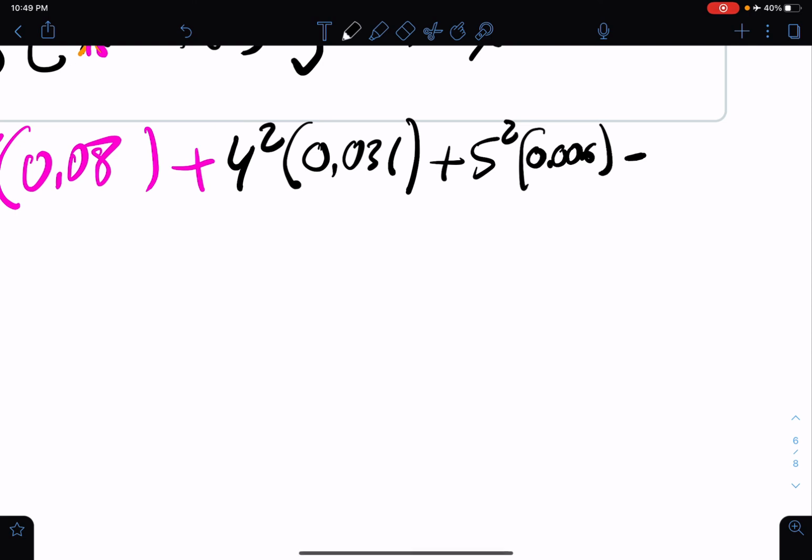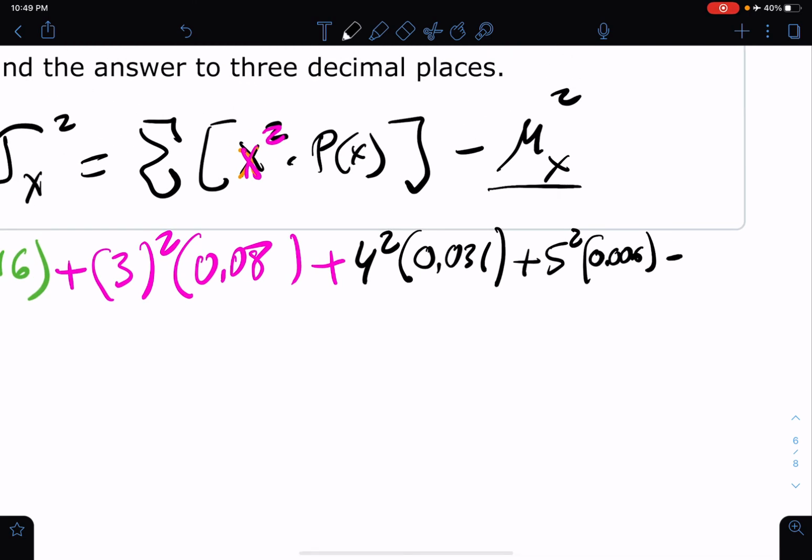And then remember the rest of the formula here. It says minus the mean of the random variable squared. If you look on the previous page, the mean of that random variable was 1.5 before we rounded it at least. And don't forget that gets squared.